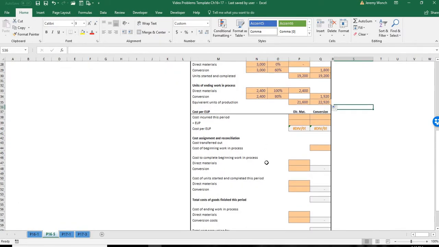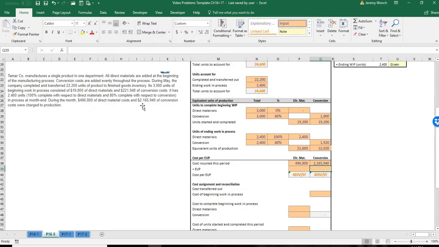And so now we want to figure out what is the cost per our equivalent unit. And so it tells us that we added cost during the month of 496,800 of direct materials and 2,165,940. So that was down here.